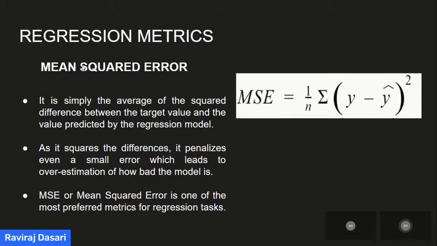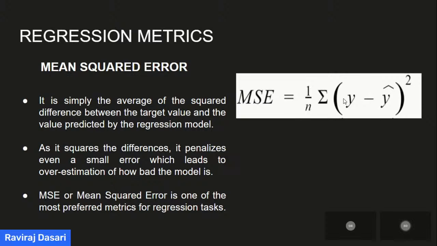The intuition behind squaring is to make the large errors appear big. Suppose a person is 10 and the model is predicting 100, so that is 90 square. 90 square means something is very wrong about the model. But if you have 10 and 11, it can be bearable, right? That is 1 square.